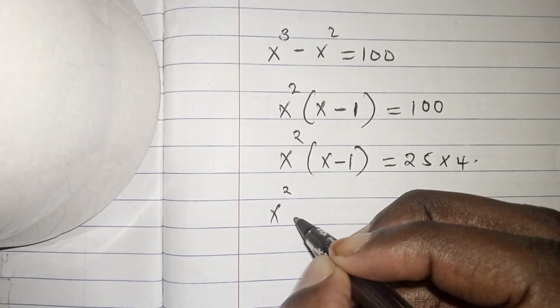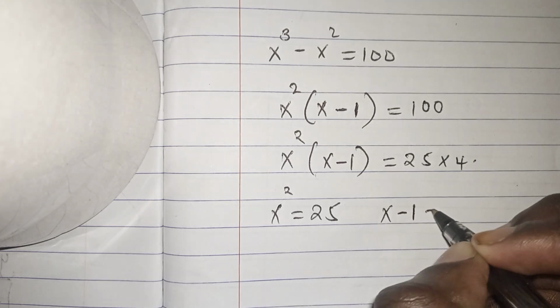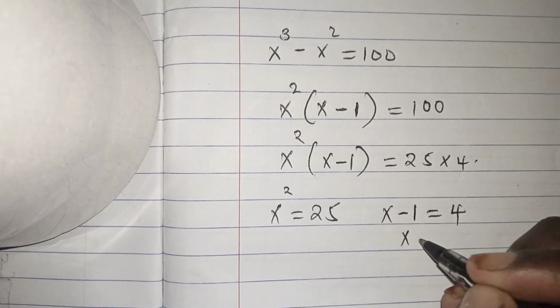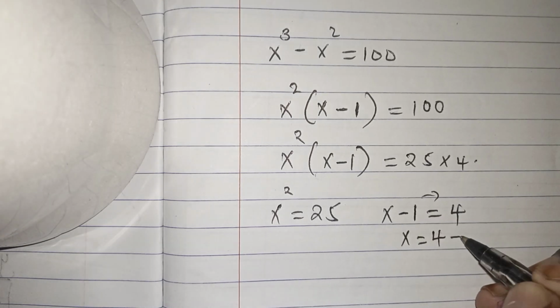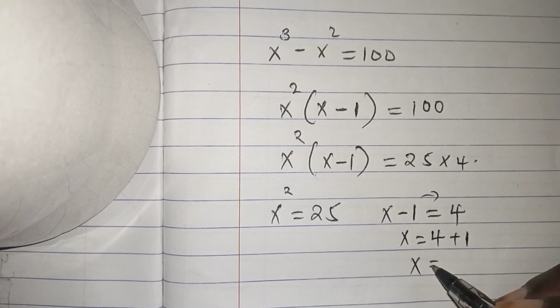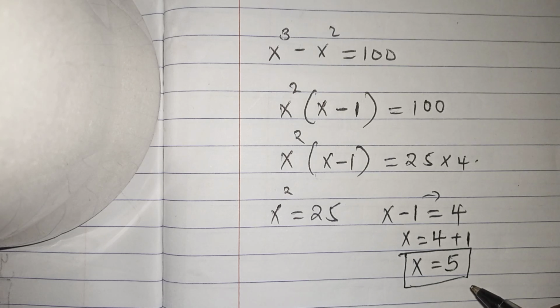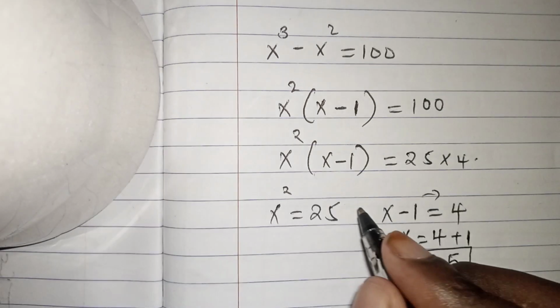x squared is equal to 25. Then x minus 1 is equal to 4. So to get the value of x, x is equal to, taking negative 1 to the other side, 4 plus 1. x is equal to 5. So x is equal to 5. And on this side, to get the value of x, we're going to square root both sides.